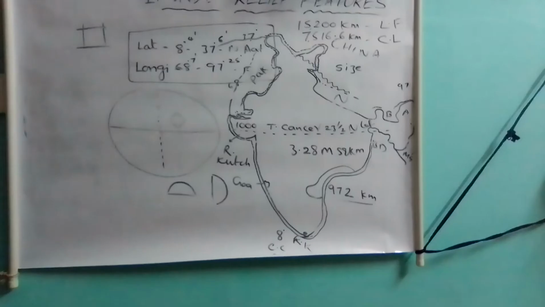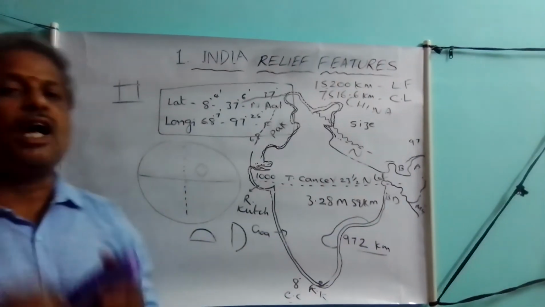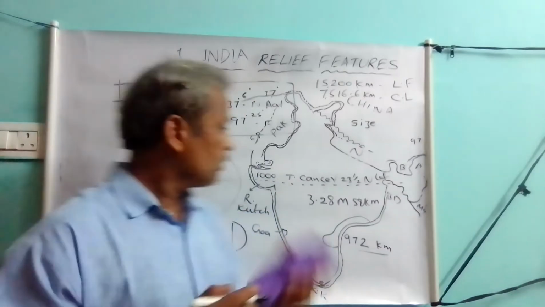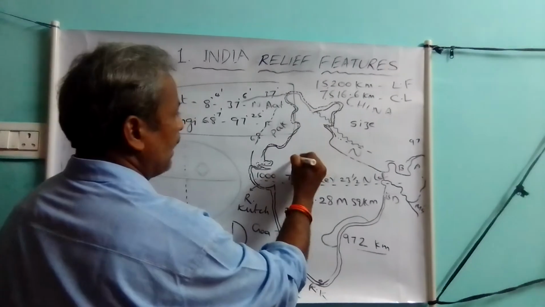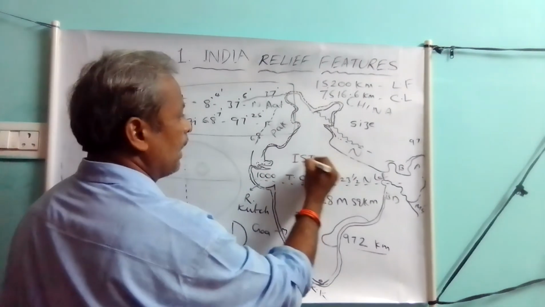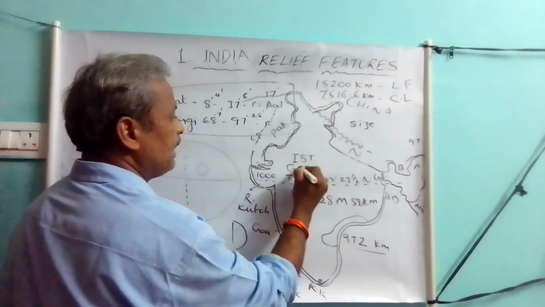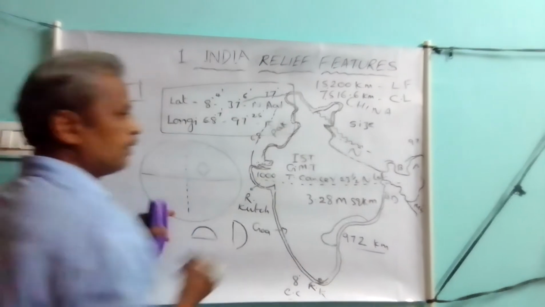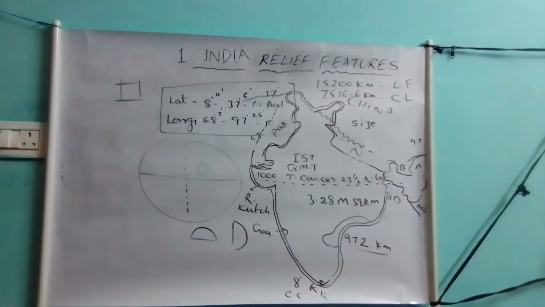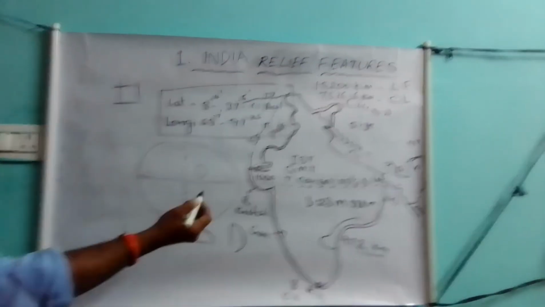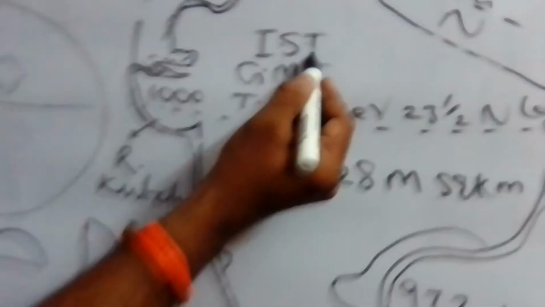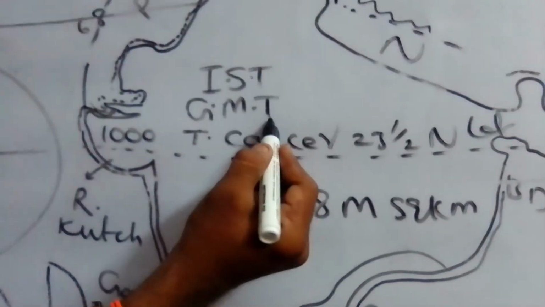Now we have to know 2 terms. One is IST and one is GMT. IST, Indian Standard Time, and whereas Greenwich Mean Time.